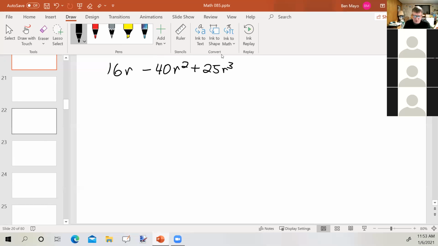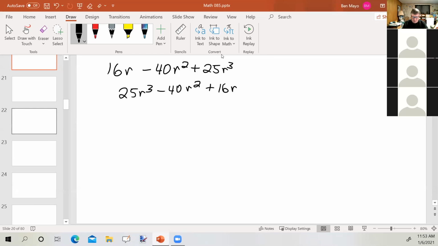Well, the first thing that I see is that it's not in standard form or descending powers. So I'm going to rearrange it. 25r cubed minus 40r squared plus 16r. Now it's in standard form.